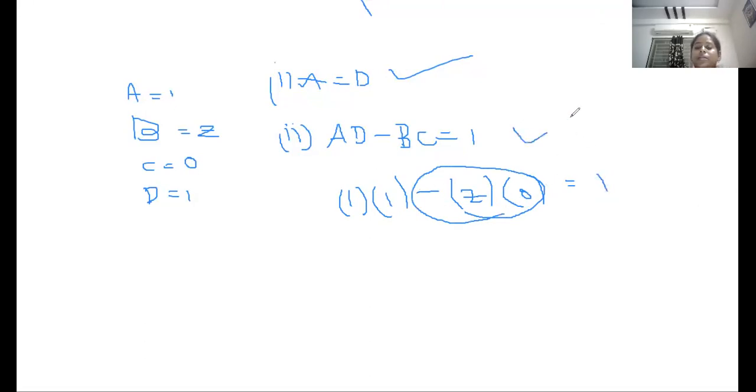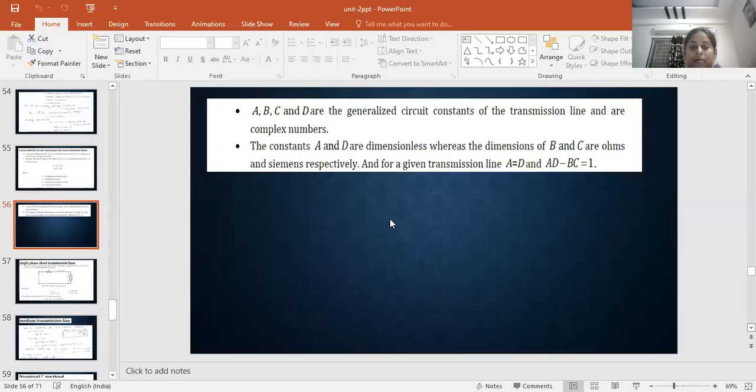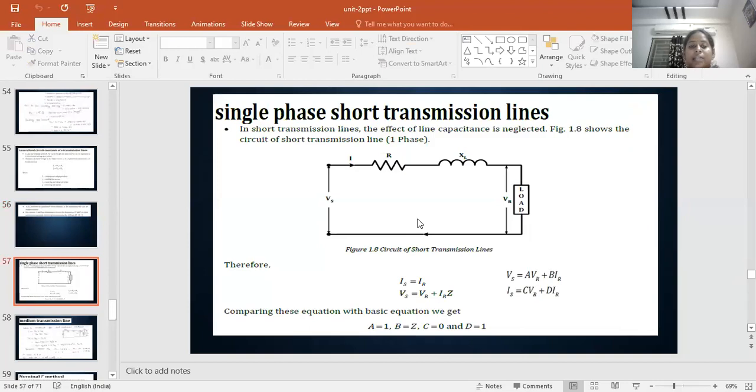So this condition is also satisfied. AD minus BC equal to 1. So for the short transmission lines, the ABCD parameter conditions are satisfied.